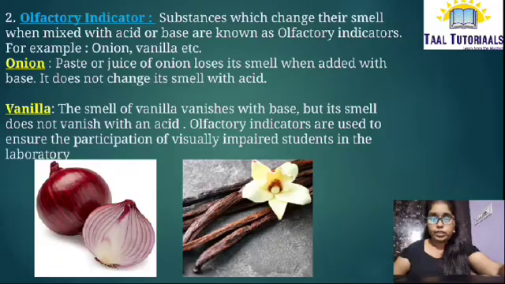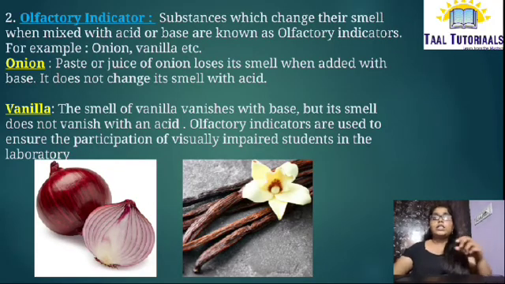Okay. Next, olfactory indicators. These are substances which change their smell when mixed with an acid or a base. Here there is no color change; there is a change in the sensation of smell. This is known as olfactory indicators. For example, onion, vanilla, etc. First, we will know about onion.